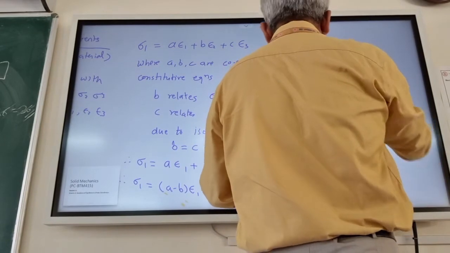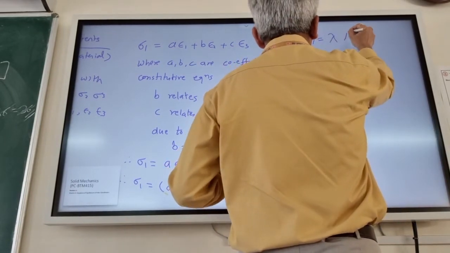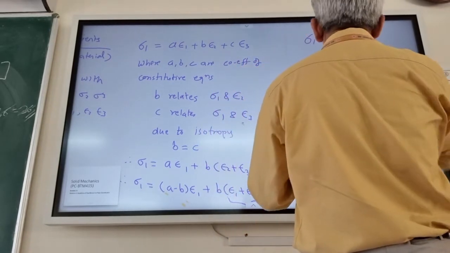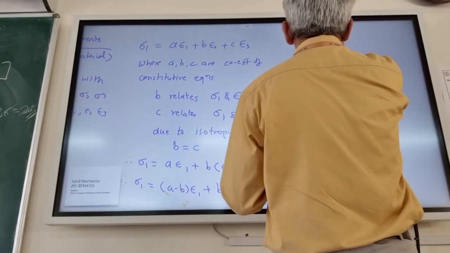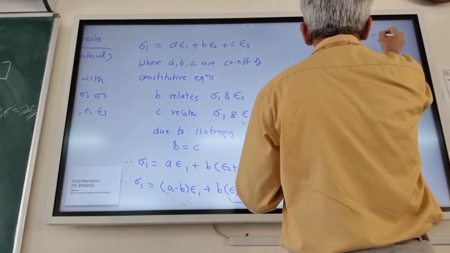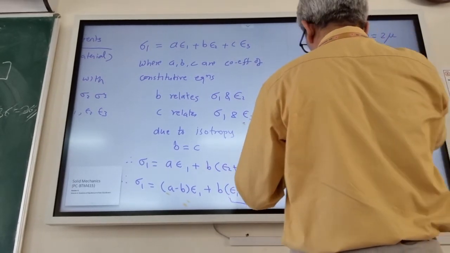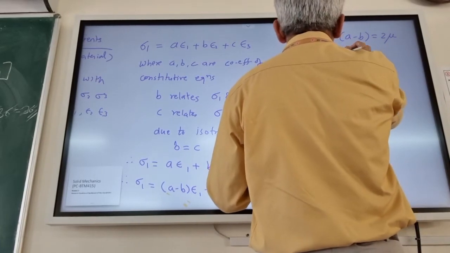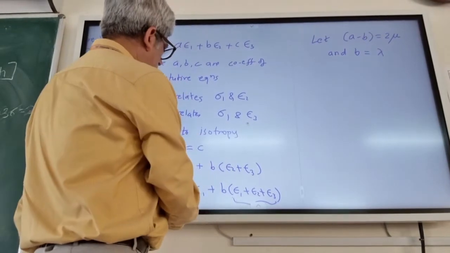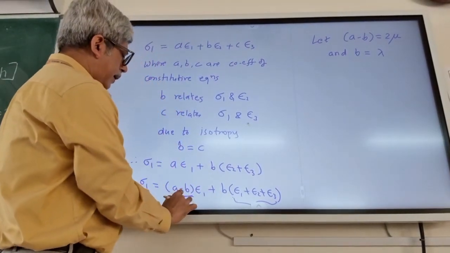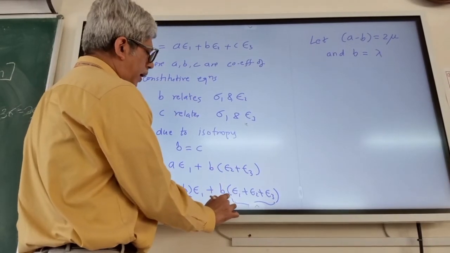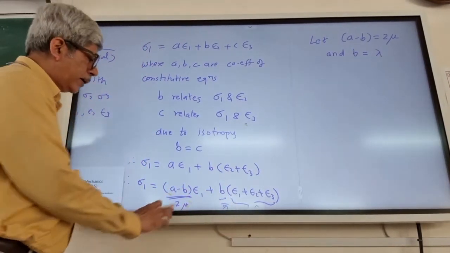So we can write sigma 1 as lambda times volumetric strain. This A minus B I am calling as 2 times mu, and this B value I am calling as lambda.